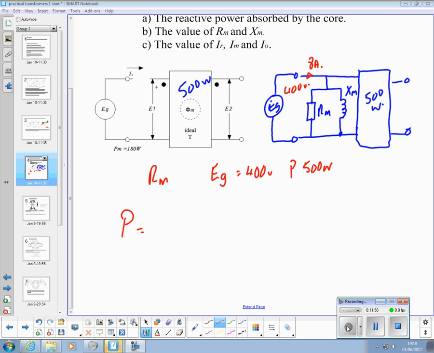P is equal to, sorry, better not go with V yet, Eg squared over Rm. Therefore, Rm is the generator voltage squared over P. 400 squared over 500.